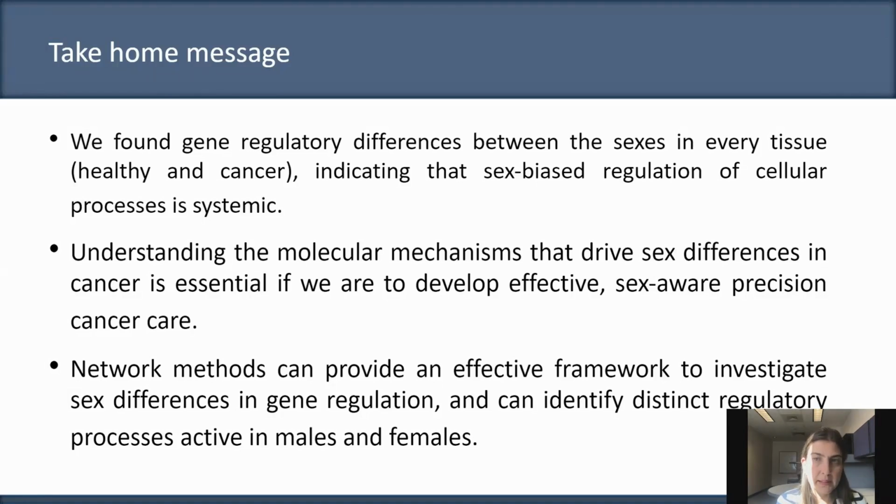Understanding the molecular mechanisms that drive sex differences in cancer is essential if we are to develop effective and sex-aware precision cancer care. Also, network methods can provide an effective framework to investigate sex differences in gene regulation and can identify distinct regulatory processes that are active in males and females. These network methods can easily be expanded to other complex diseases.